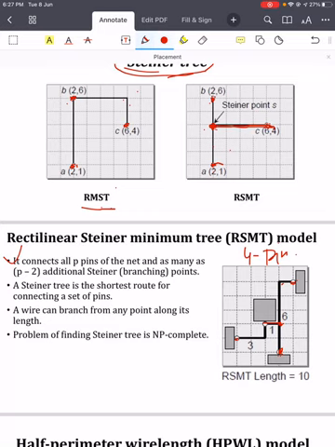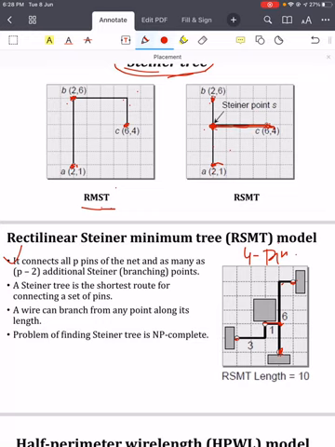But from all these Steiner trees you have to find the minimum Steiner tree, where the total length of the edges should be shortest. So you have to find the minimum Steiner tree from a set of Steiner trees.